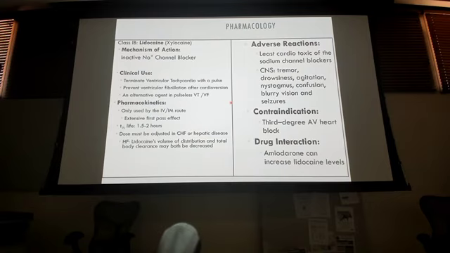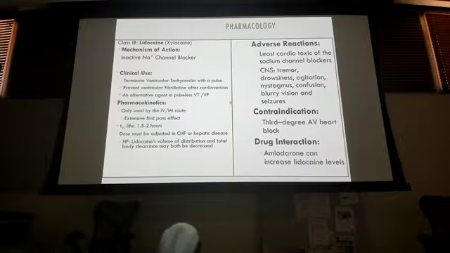Sometimes it works and it stays and we're perfectly fine, and then you can send them on their way. Sometimes you will convert them, and then immediately after you cardioconvert them, they go back out of that normal sinus rhythm. Okay, so this is just a med that we can put on board to kind of help them stay out of that abnormal arrhythmia again.